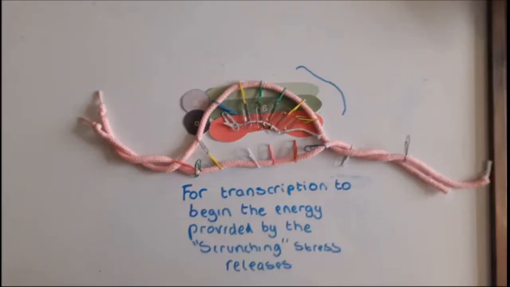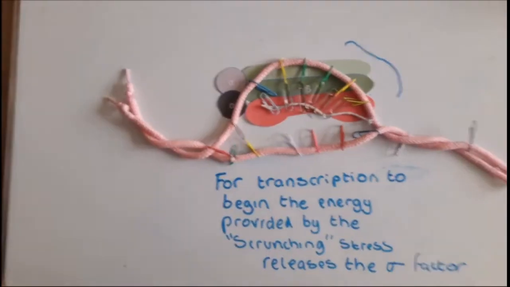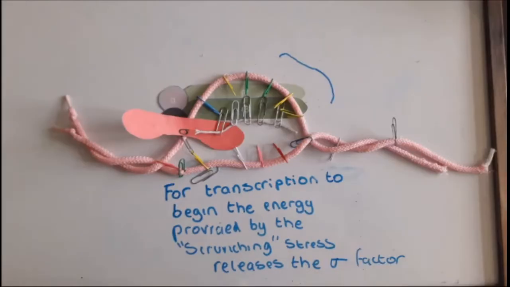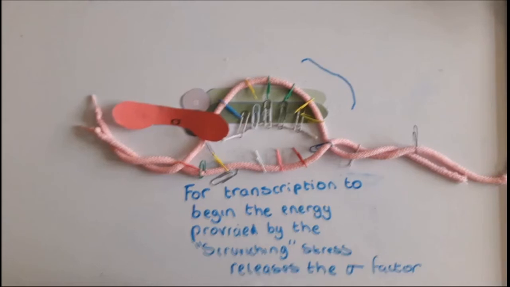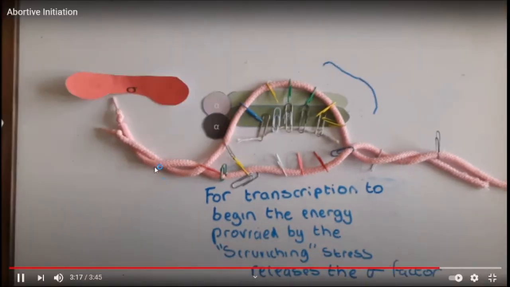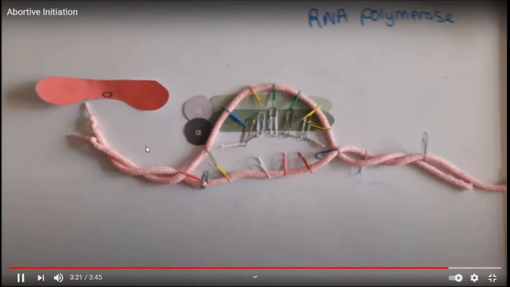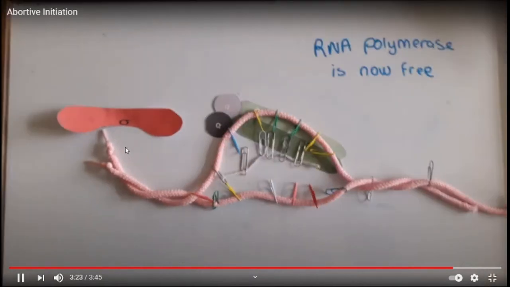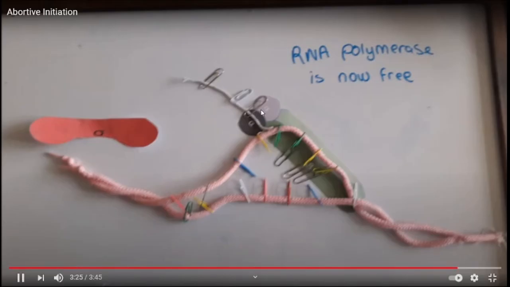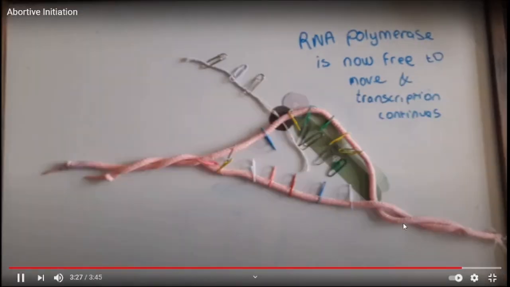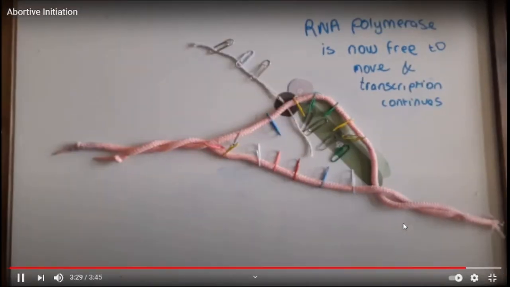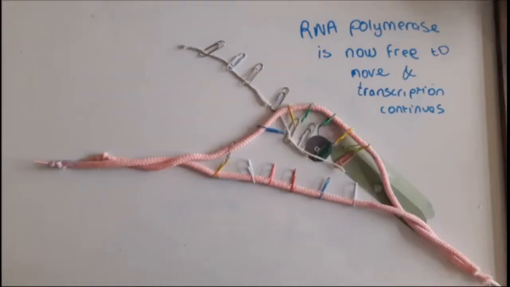Now for transcription to begin, the energy is provided by the scrunching stress. The stress due to scrunching actually releases the sigma factor. Sigma factor is released from the RNA core enzyme, and now RNA polymerase is free to move along the DNA molecule and carry out elongation.